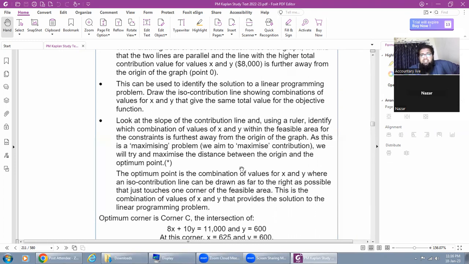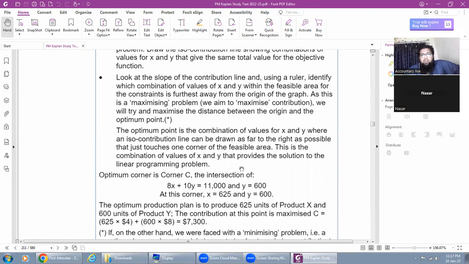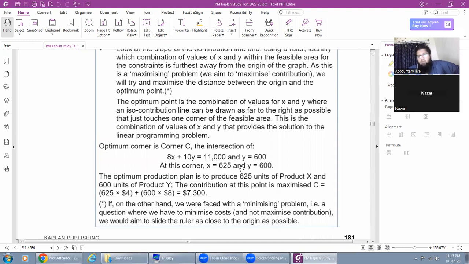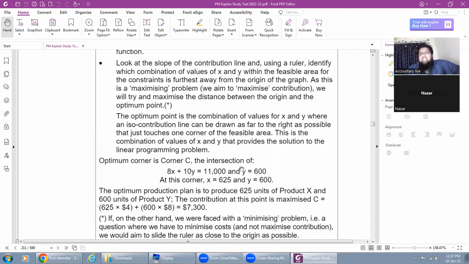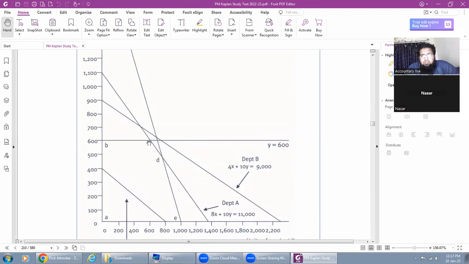The optimum point is a combination of values for X and Y where the iso-contribution line can be drawn as far to the right as possible, that just touches one corner of the feasible area. This is the combination of values of X and Y that provides a solution to the linear programming problem. Now, the optimum corner is C. This is the furthest intersecting point, C.